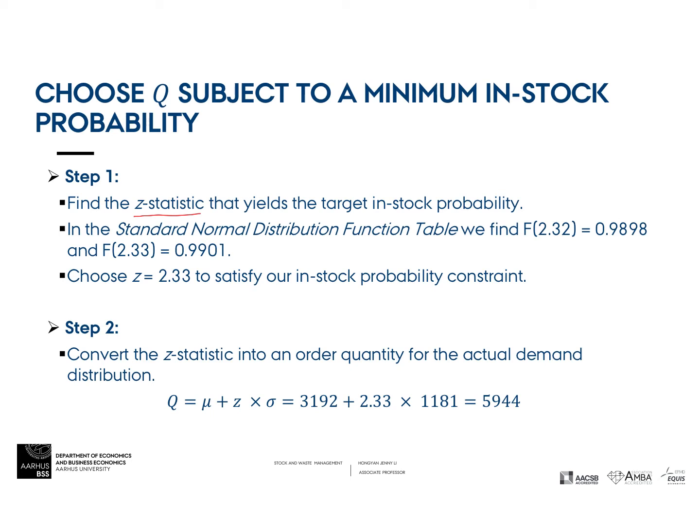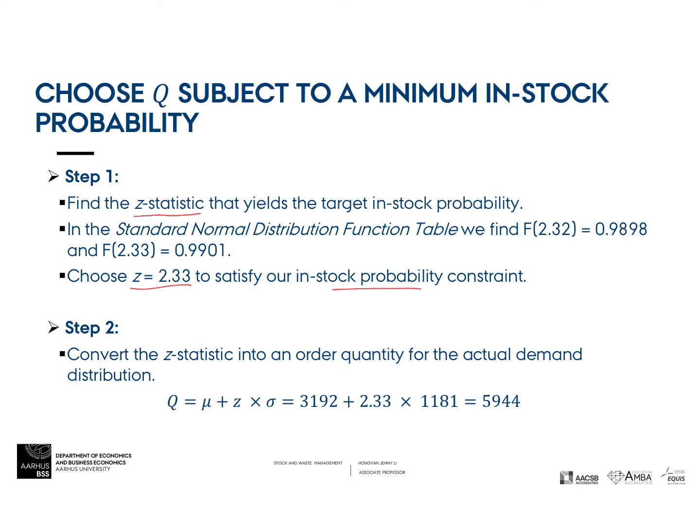The good thing about using a z statistic is that any distribution can use exactly the same calculation for the z statistic. So here, if you choose z equals 2.33, then you satisfy your in-stock probability constraint, 99.01%.